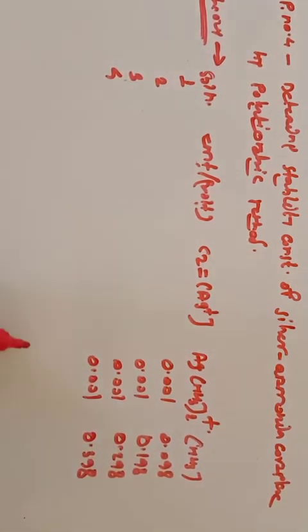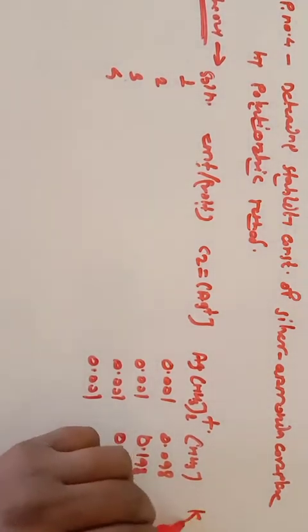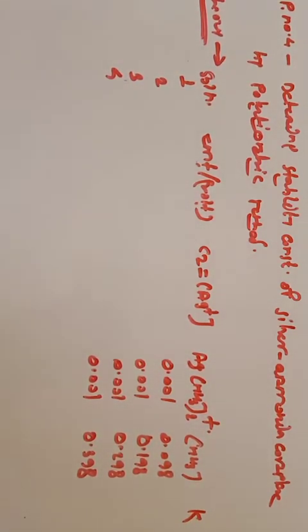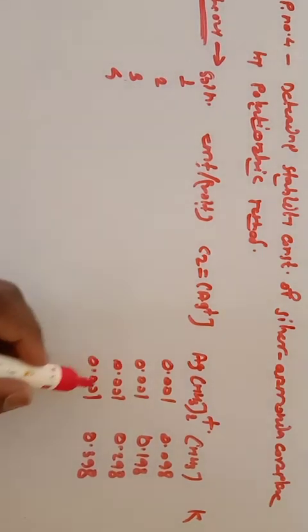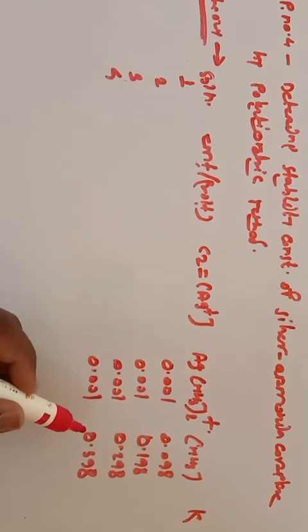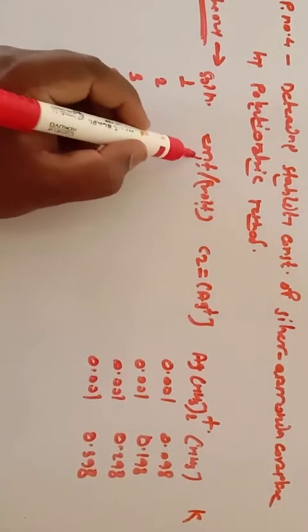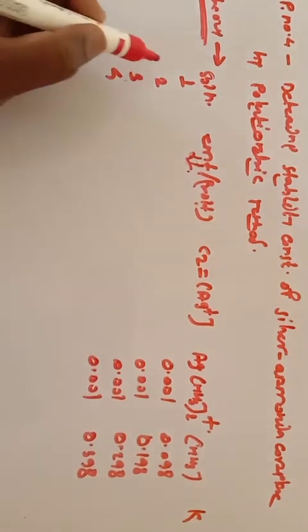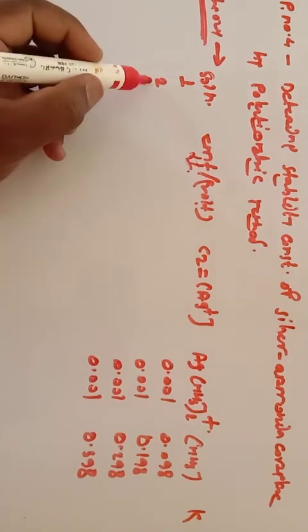And finally I have to find out the stability constant K, that is the ratio of the concentration of the complex divided by the concentration of silver ions and the concentration of ammonia raised to 2. We can easily find out the EMF of the cell with the help of the potentiometer.